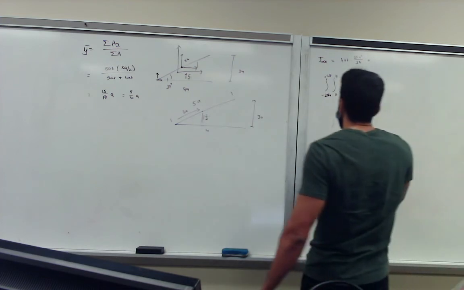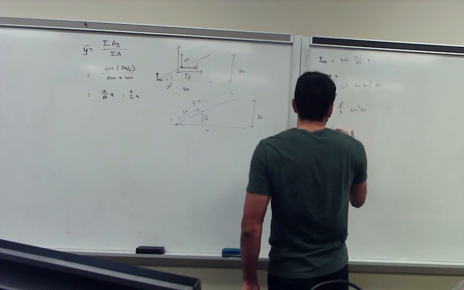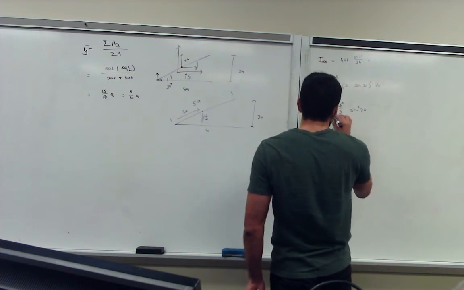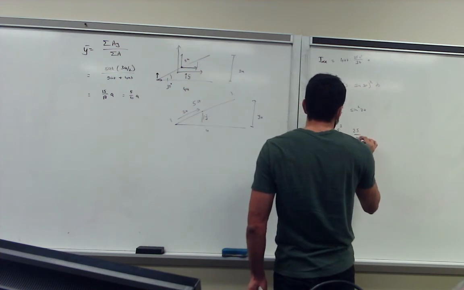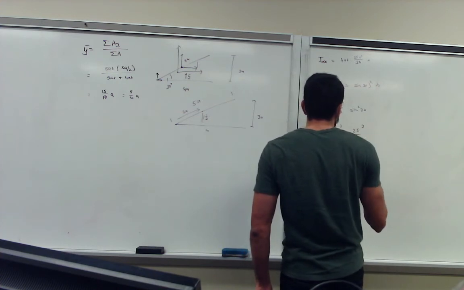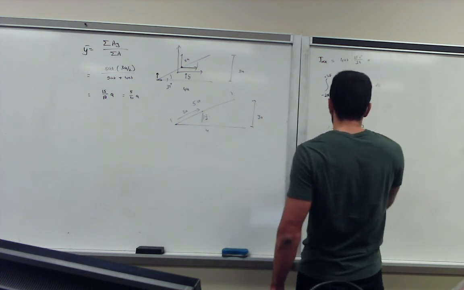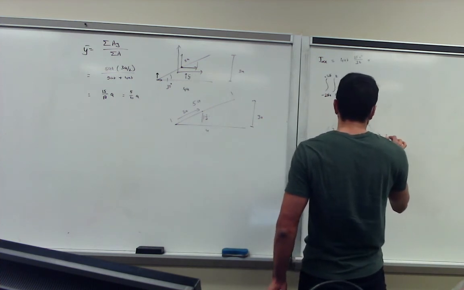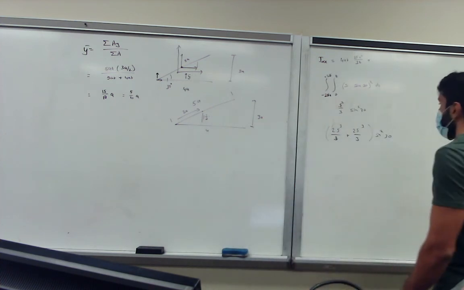So what you get is 2.5 cubed over 3 minus, then comes a plus 2.5 cubed over 3, and then sine 30 squared.